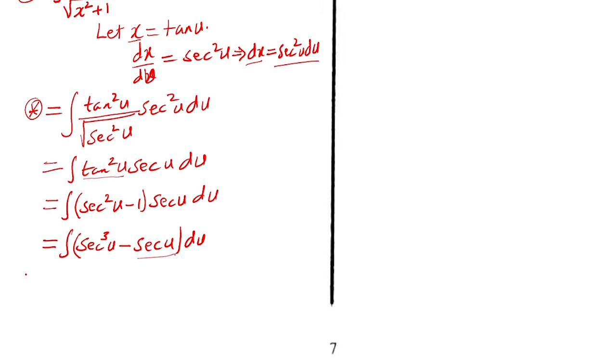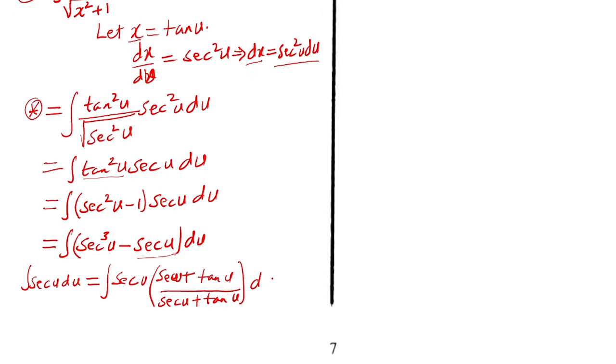The integral of sec u. You have to remember the integral of sec u du is equal to, let me give you the hints. You have to do it like this: sec u times sec u plus tan u over sec u plus tan u, multiplied by du.